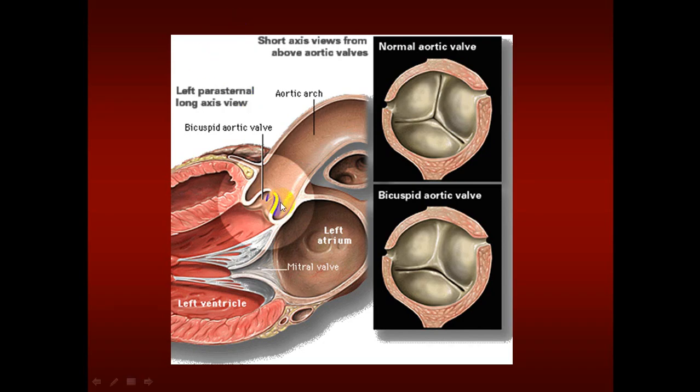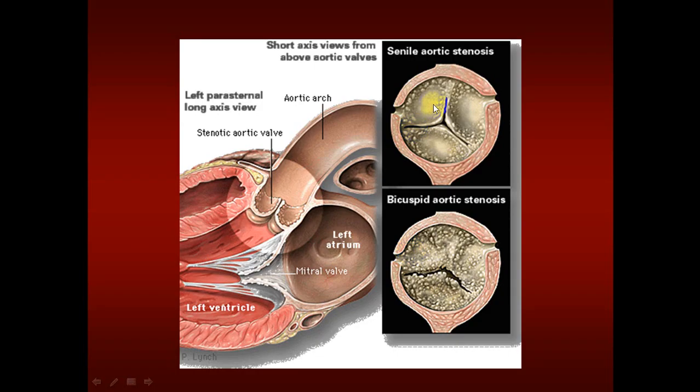This is a picture of the normal three cusp valve: right coronary, left coronary, and non-coronary cusp. This is a bicuspid aortic valve. And this is senile degenerative, where at the margins of the cusps there is calcium and degenerative change.